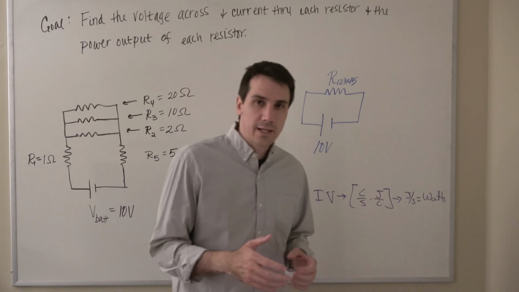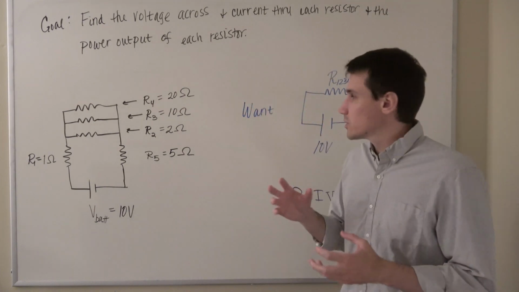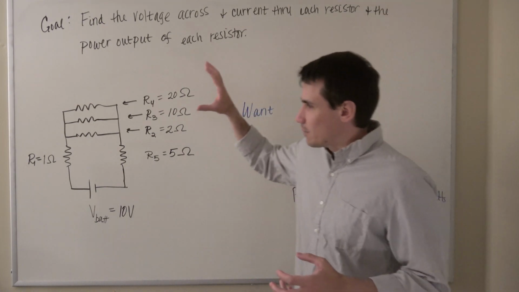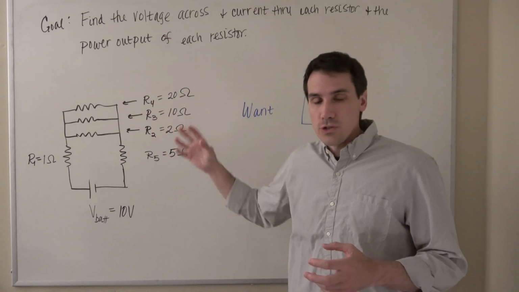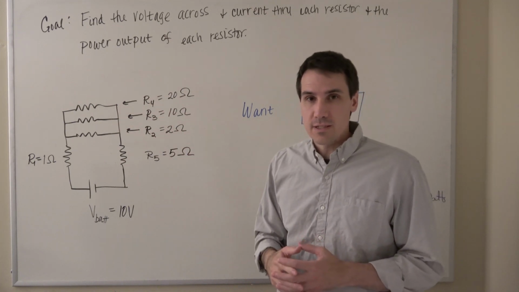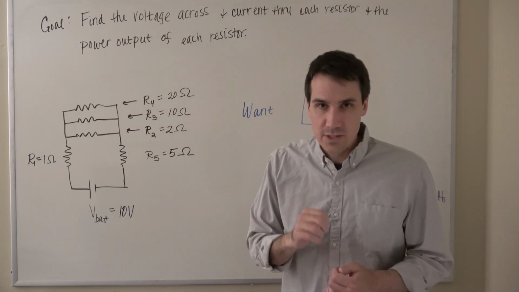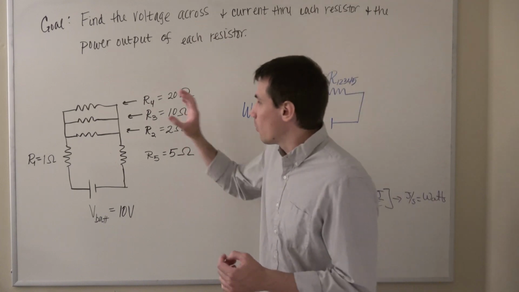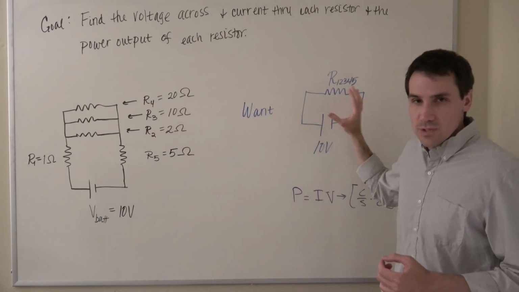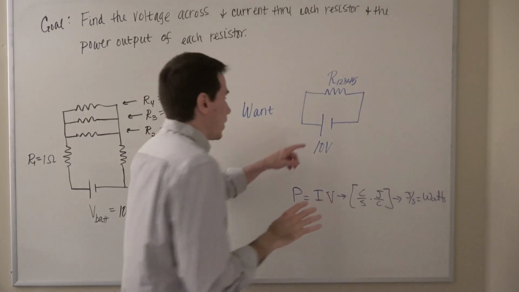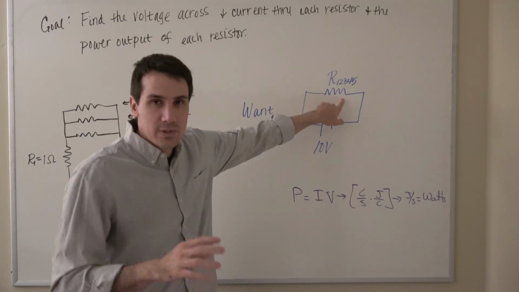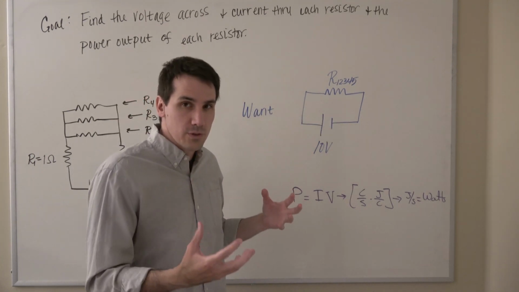Now, in order to analyze this circuit, our goal is going to be to combine the resistors using our equivalent resistance for parallel and series resistors in order to get a resistor that looks like the equivalent resistance of all of our resistors combined.